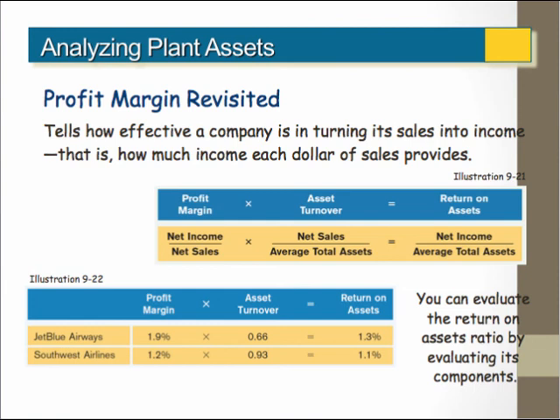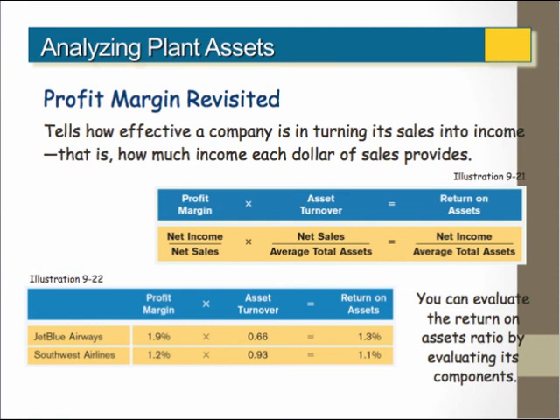And we've already talked about the profit margin ratio. So we can take the profit margin ratio to evaluate the return on assets ratio when we look at its competitors. So when we look at JetBlue and Southwest down in illustration 9.2, we see the profit margin ratio, where JetBlue is doing better than Southwest, and then the asset turnover ratio, where Southwest is doing better than JetBlue.